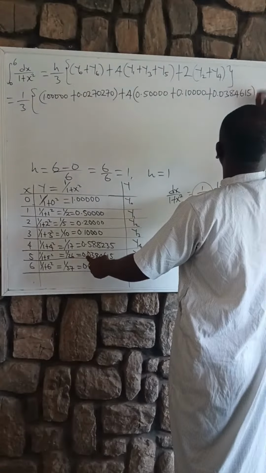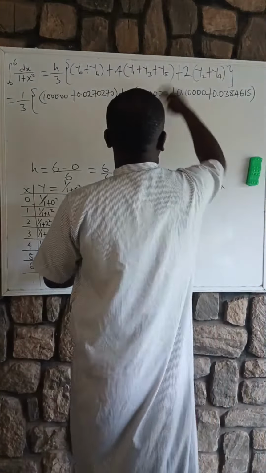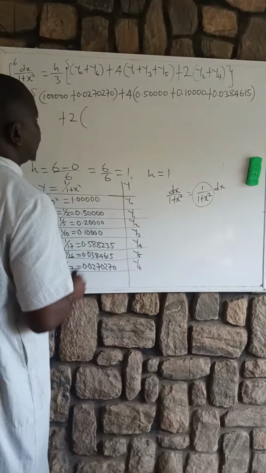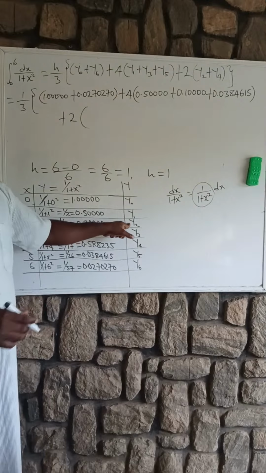Close the brackets, then plus 2, open bracket, y2. Hope you are following.